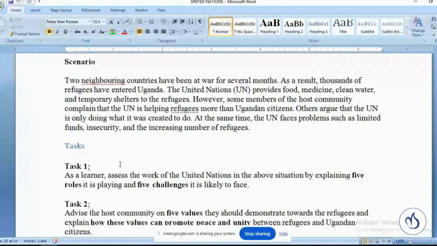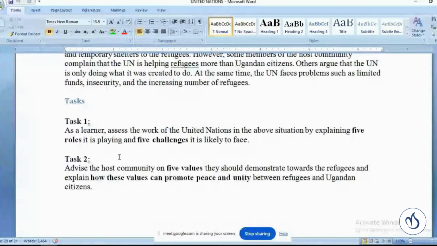That's a task. Two, advise the host community on 5 values they should demonstrate towards the refugees and explain how these values can promote peace and unity between refugees and Ugandan citizens.